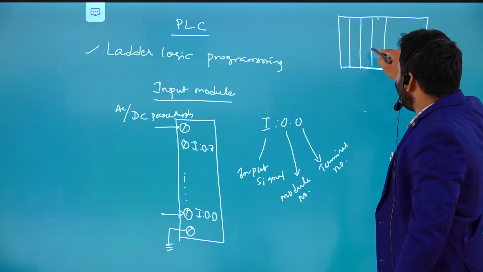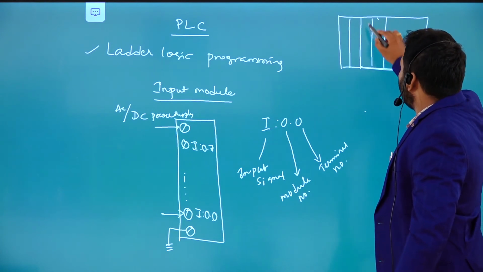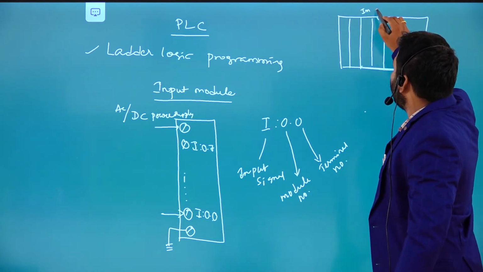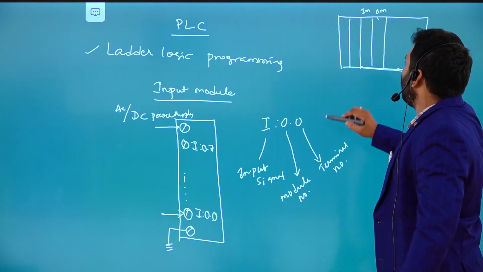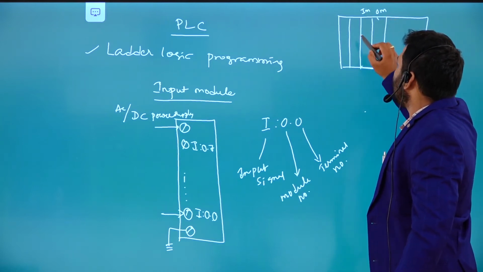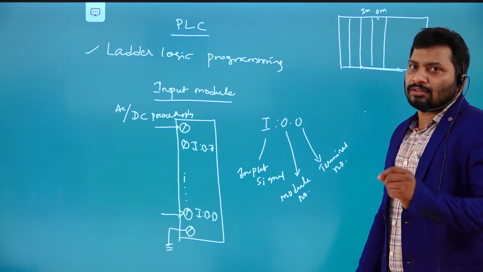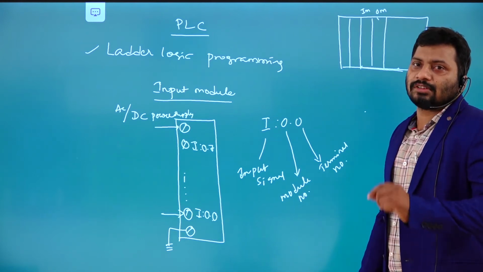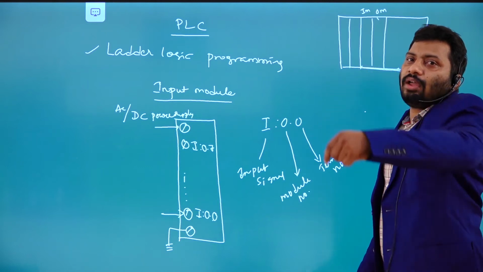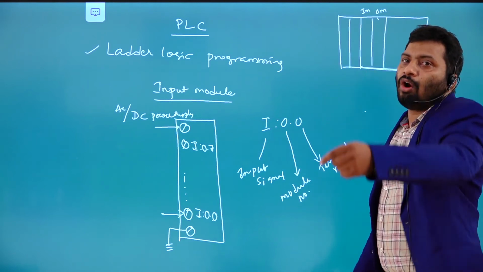For example, this is an 8 terminal input module, and this is an 8 terminal output module. If these 8 terminals are not enough to control the particular process, we need to add another input module and another output module.